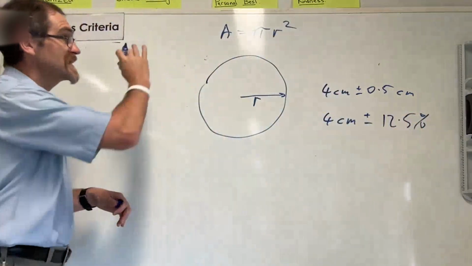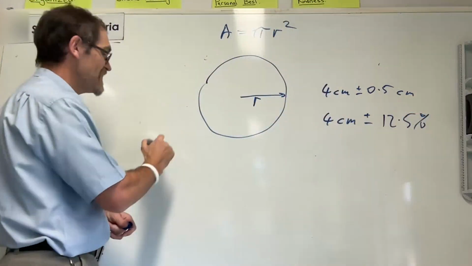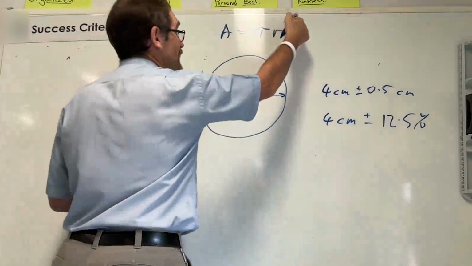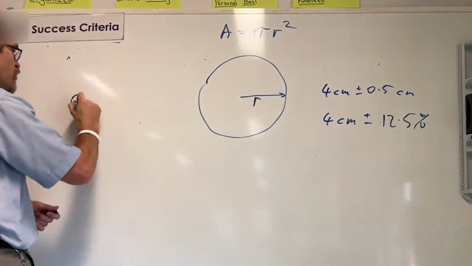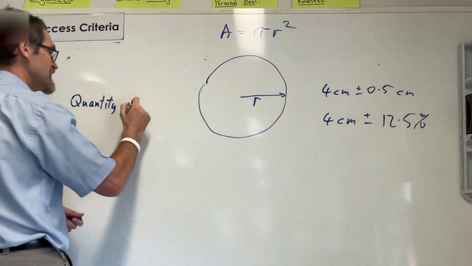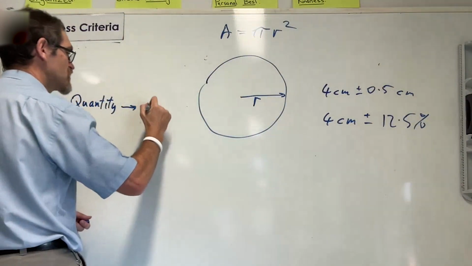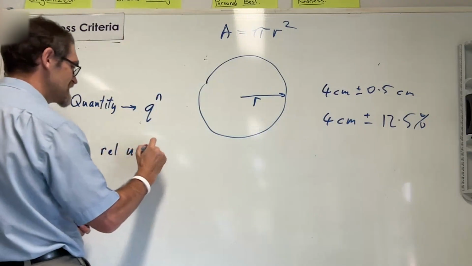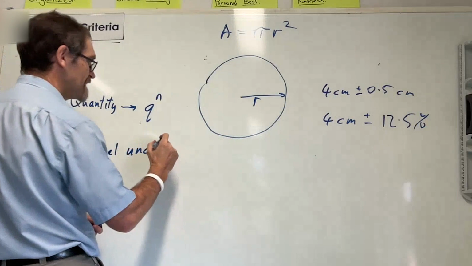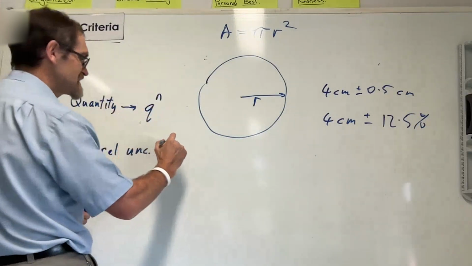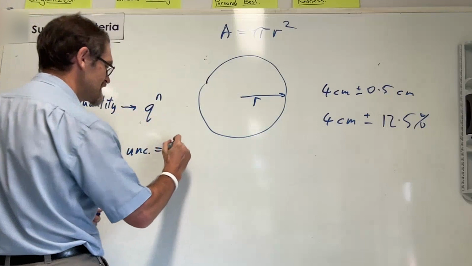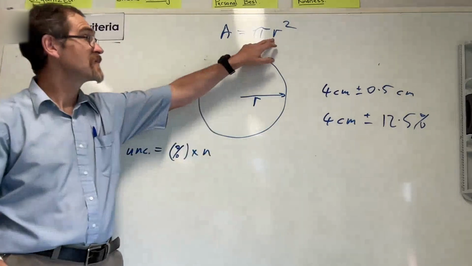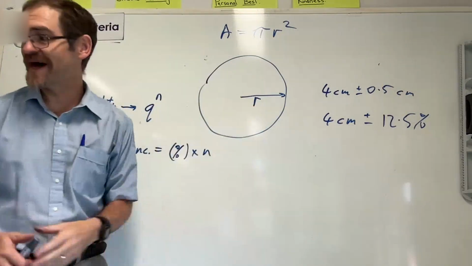So we get the area equals pi r squared, and if our quantity is raised to a power, q to the power of n, then when you combine them, the relative uncertainty is the percent uncertainty multiplied by n.